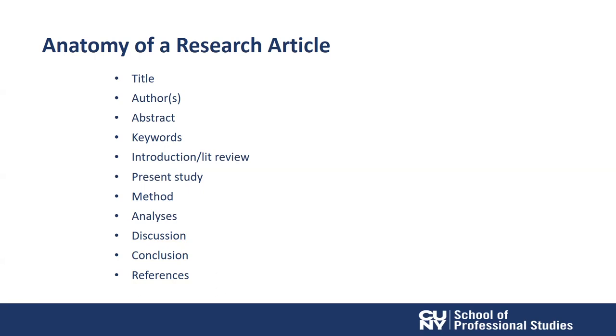The method section is going to be broken down into 3 particular areas. So you have a breakdown of the method section into, first, participants. The participant section is going to tell you about demographic information. So it'll tell you about the size of the N, so the size of the sample, and it'll also tell you about characteristics of the sample.